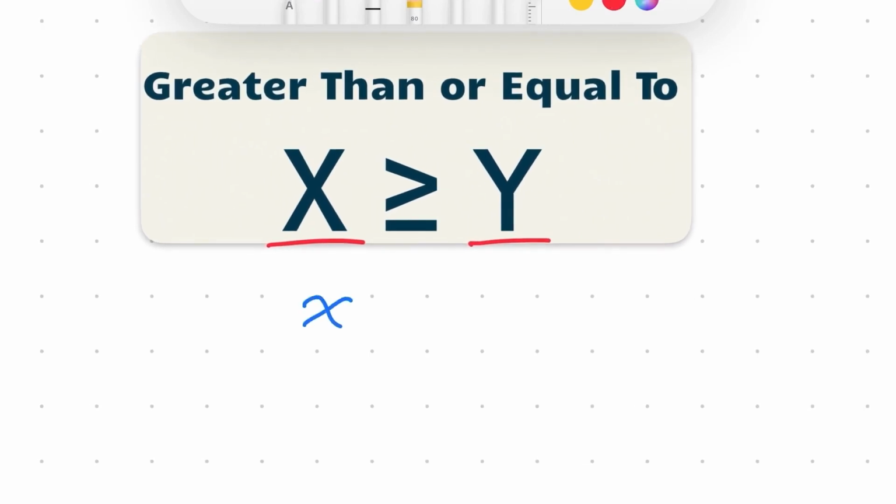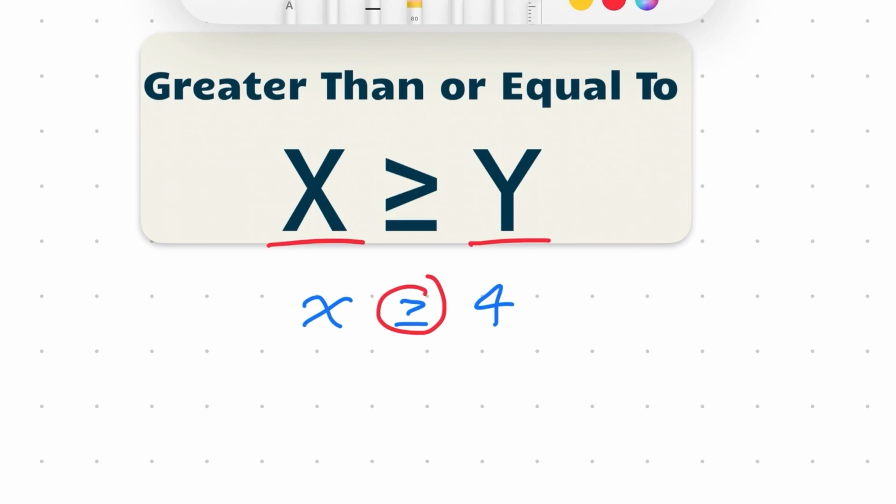If I said that x is greater than or equal to 4, this would tell me that x can be equal to 4 and it can also be larger than 4. And that's because of this inequality. So I could have 4, I could have 5, 6, 7, and so on.